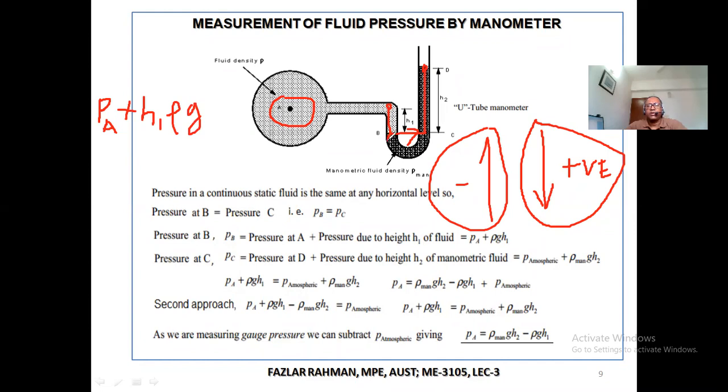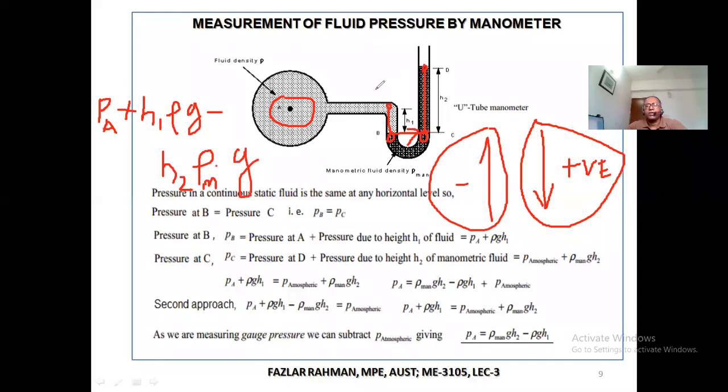That means now you came to point B. Then to point C, you are moving upward, so there will be a minus sign. How much height are you going upward? H2. So H2 rho of manometric fluid. I'm putting rho M into g.